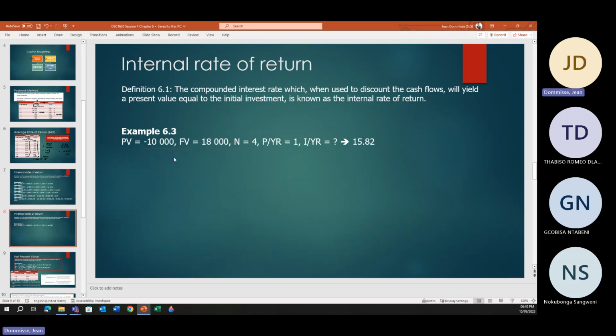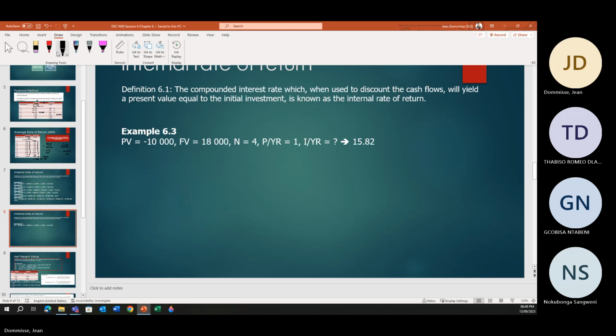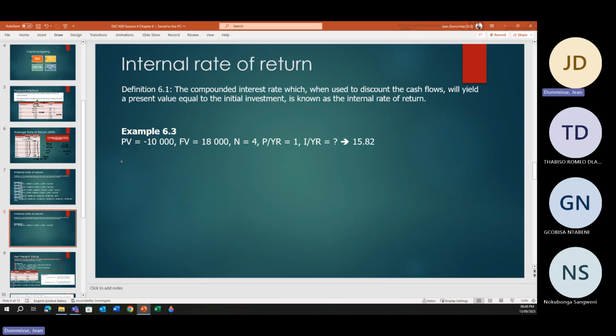And what they've asked us is to work out the internal rate of return. They give you a present value. So they tell you that your present value, or you start off with 10,000. They then tell us that your end value, sorry, your S will be 18,000.